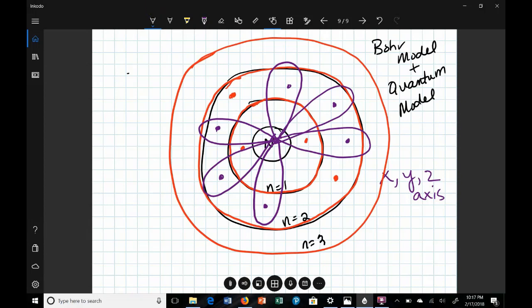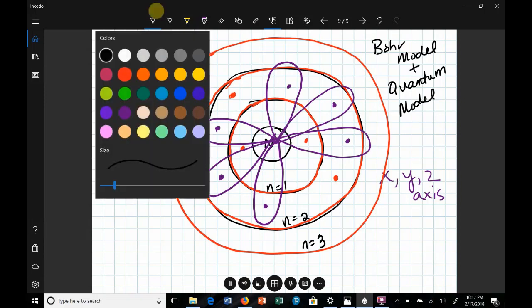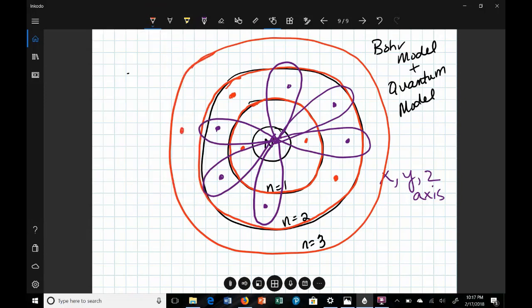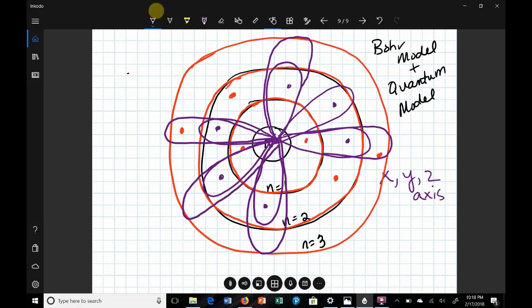If we went out further to the next energy level, where we have n equals 3, we see once again we have our s energy level, and we can put 2 electrons out here, and we also have those p energy levels that extend beyond the orbitals that were in the second energy level.